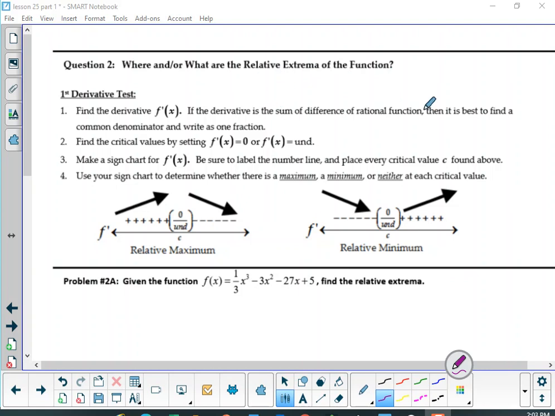It's going to go directly from our increasing and decreasing to relative min, max. If a function is increasing and then decreasing, and it's defined in between, we're going to have a relative maximum at that value.